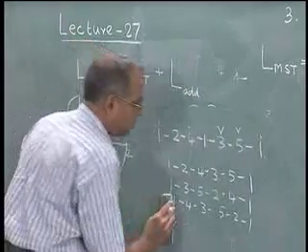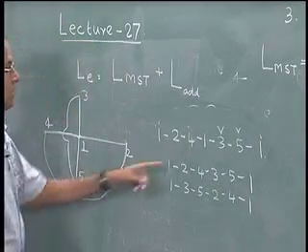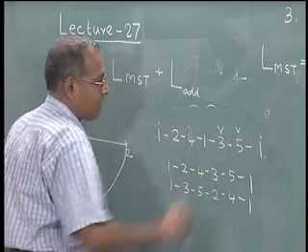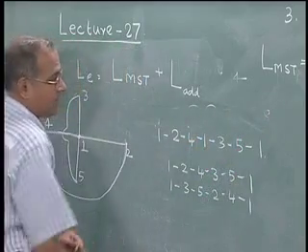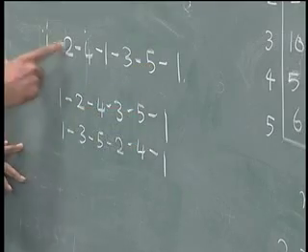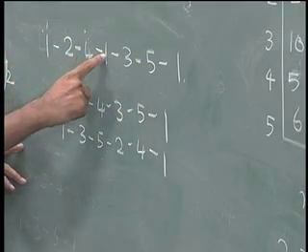No. So we have only 2 cases: 1 to 2, 2 to 4, 4 to 3, 3 to 5, 5 to 1, and the case starting with 1 to 3, 3 to 5, 5 to 2, 2 to 4, 4 to 1.